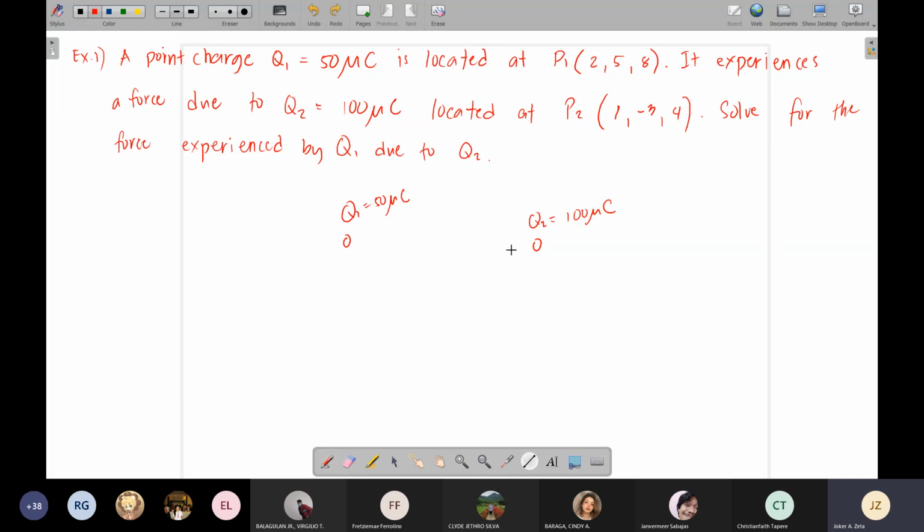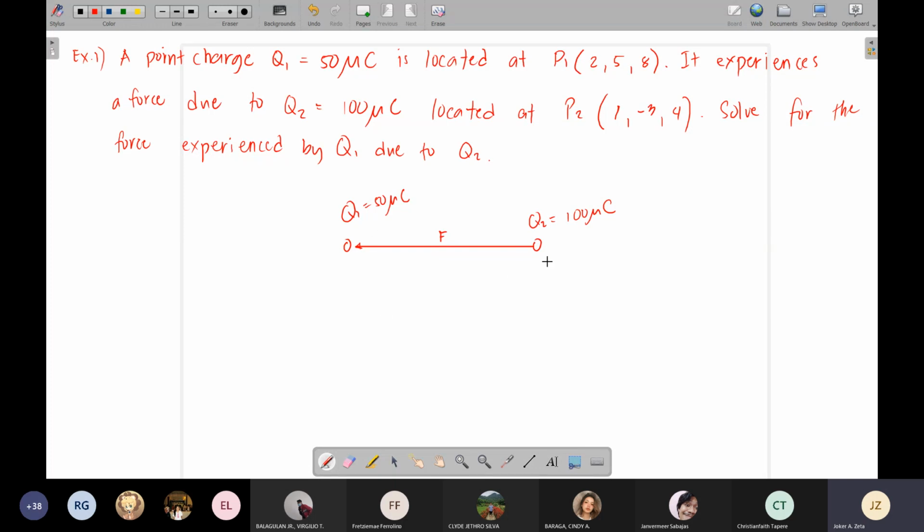Okay, si Q1 ay naka-experience sa force tungod ni Q2. Sir, di pwede sir kasi Q2 ay naka-experience sa force tungod ni Q1.